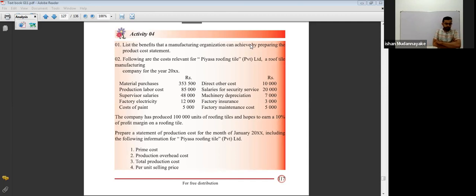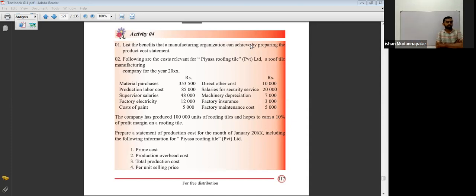Write down the first answer for the question: list the benefits that the manufacturing organization can achieve by preparing the production cost statement.